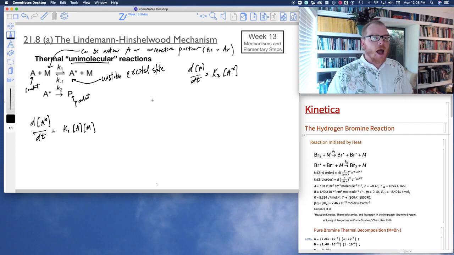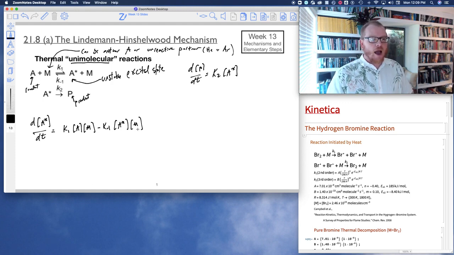That's the forward reaction, but it is possible that A star can react with this second body and go right back to forming its stable ground state. That occurs at rate constant K minus 1. So now we have to view this going backwards, so that's a negative rate, negative K minus 1, and now we can view A star and M as the reactants in the reverse reaction, so that's times A star times M.